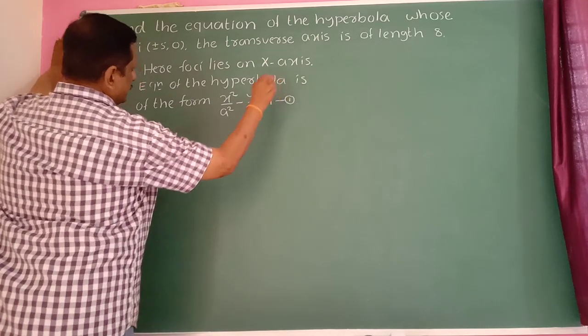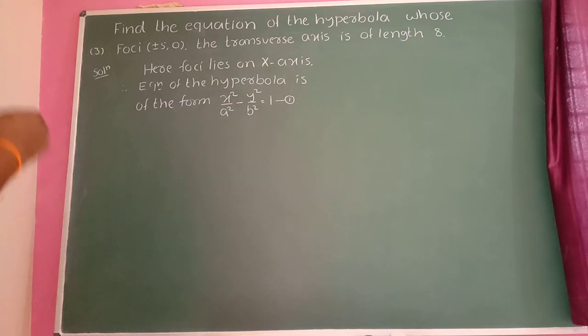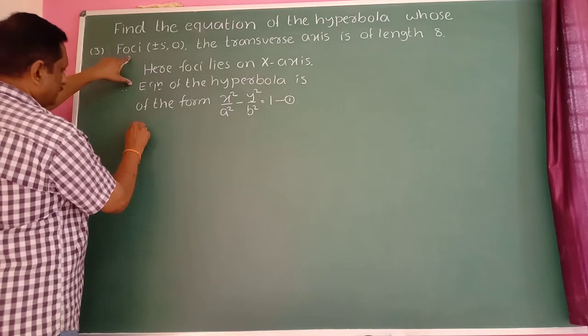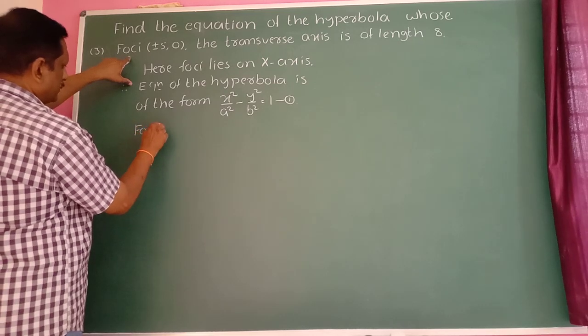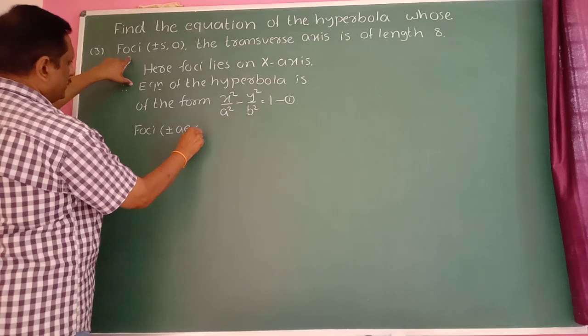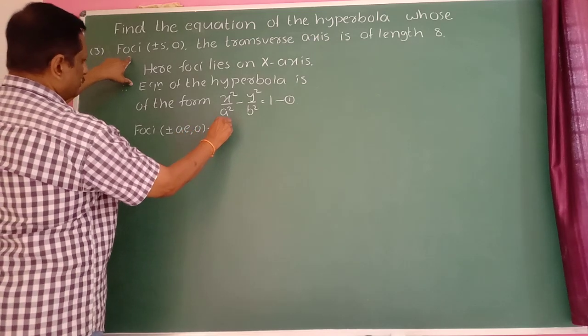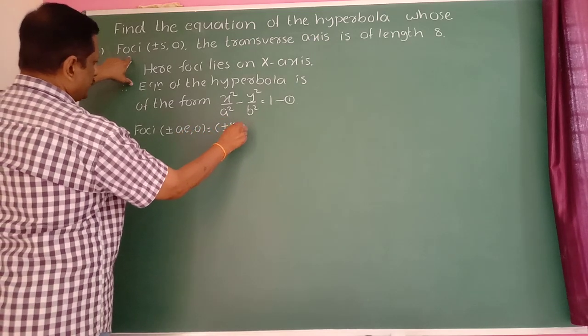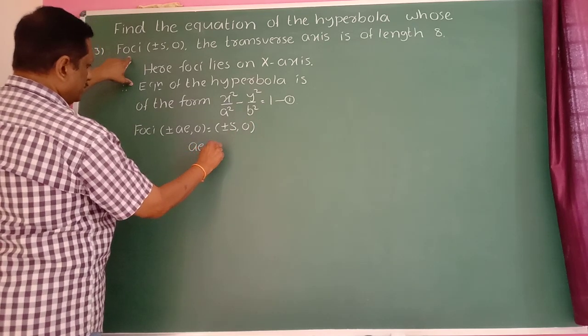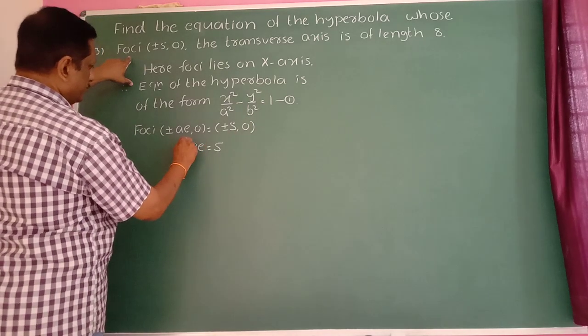Take this as equation 1. The foci (±ae, 0) equal (±5, 0), therefore ae is equal to 5.